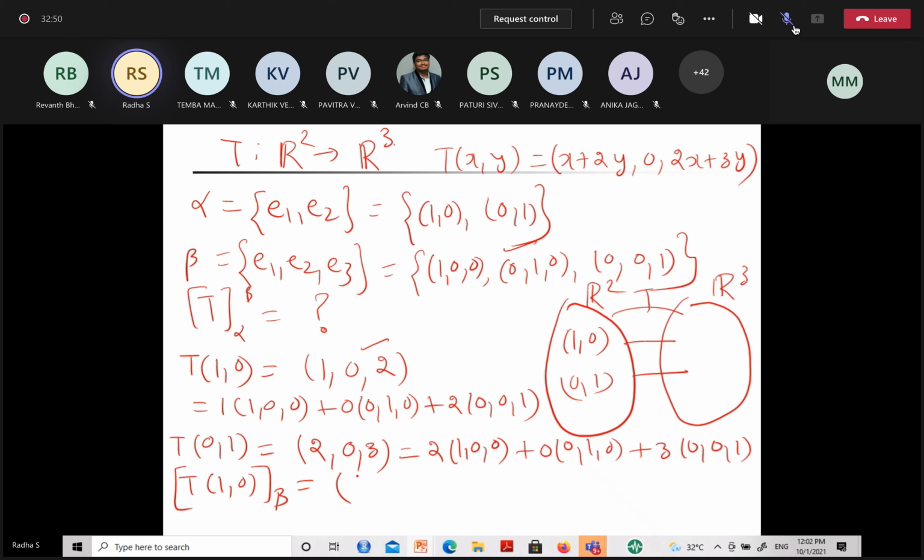Ma'am, I'm a little confused, like, where we have to put it? In x plus 2y, 0 and 2x plus 3y. So according to that, it would be (1, 0, 2). We completed all those things.